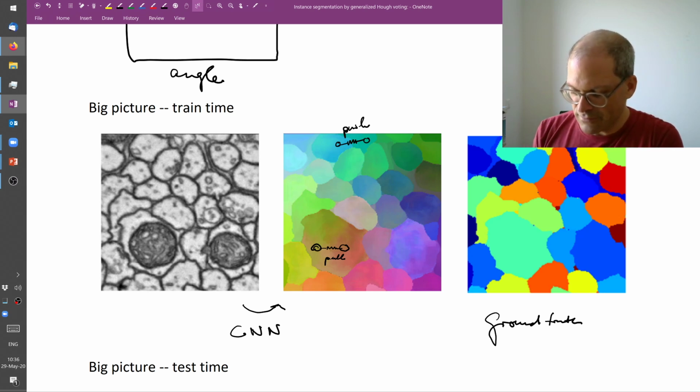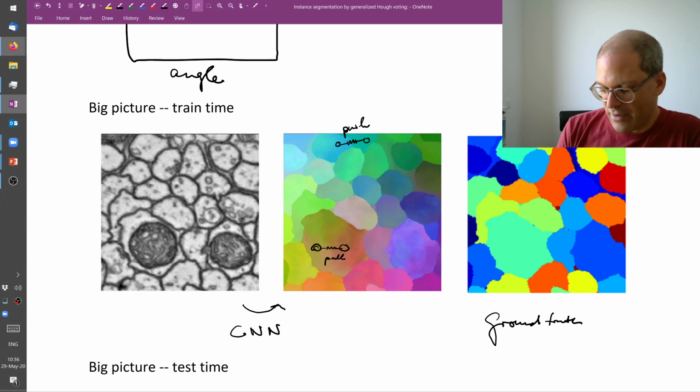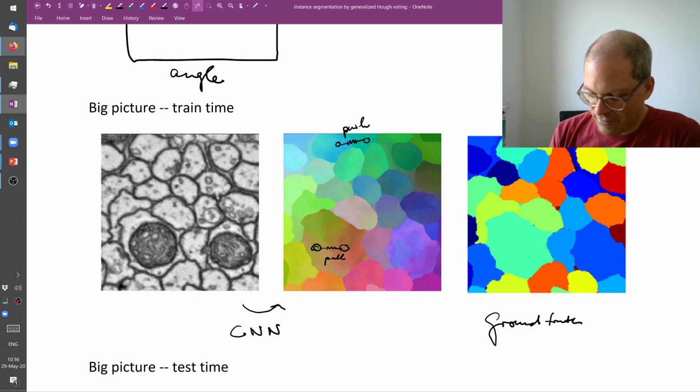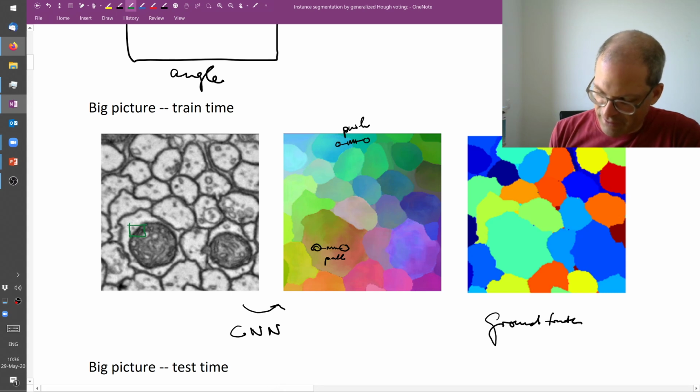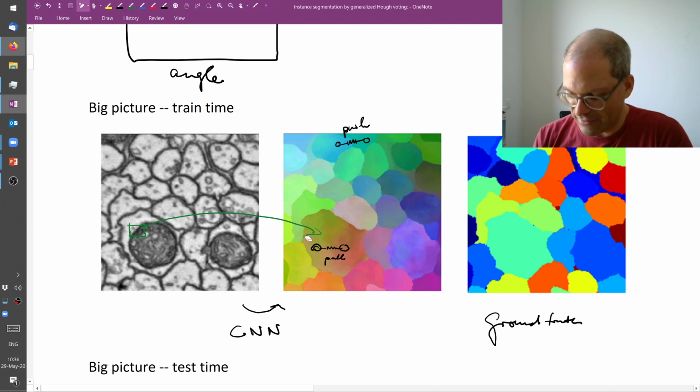So here, for example, image courtesy of Roman Remme, we take an image patch such as this one here, and we map it to a point that you here see characterized by its color.